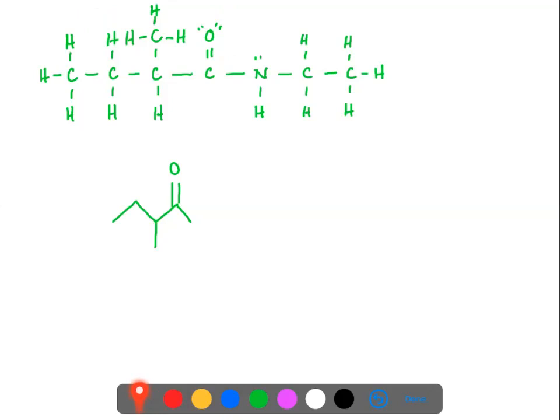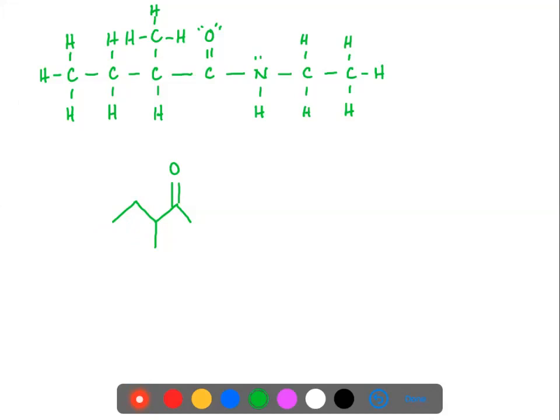We have a branching, meaning we have the carbon being bound to at least two other carbons, sometimes 3. But in this case, we have a methyl group, CH3, that's shown by this line, and an ethyl group attached to that carbon, or a CH2 CH3 group, and that's shown by this.